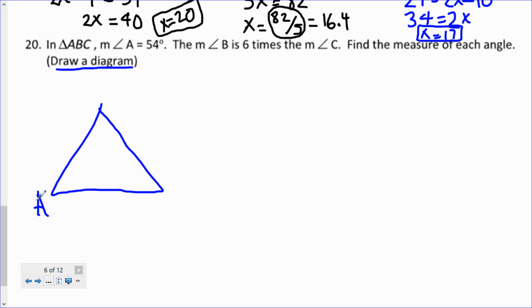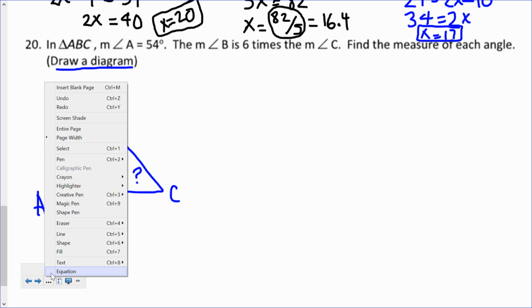So you have a triangle. Let's call it ABC. A, we're told, is 54 degrees. And the only thing we're told about B is that it's 6 times the measurement of angle C. Well, if we knew the measurement of angle C, we could find B. So what is the measurement of angle C? Well, we don't know.